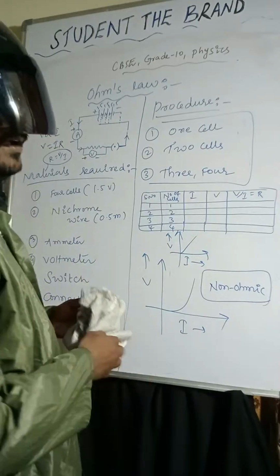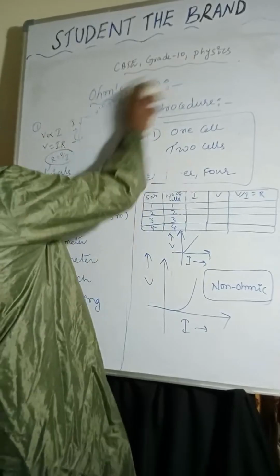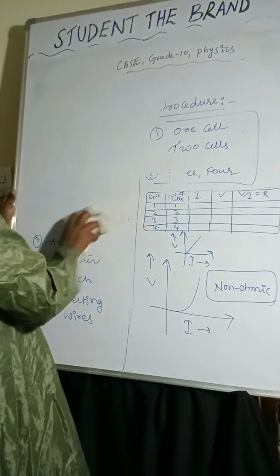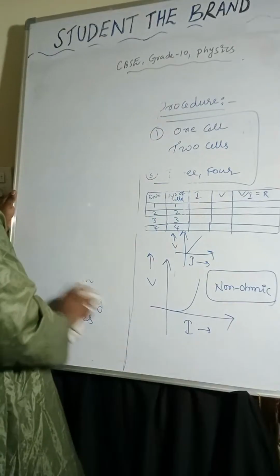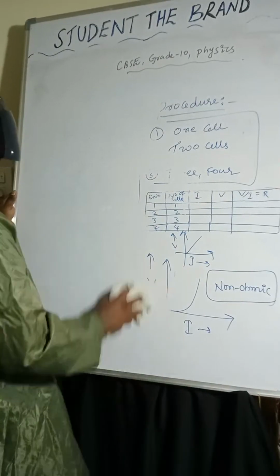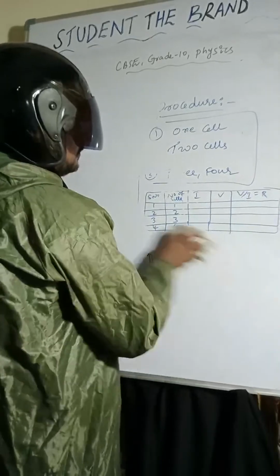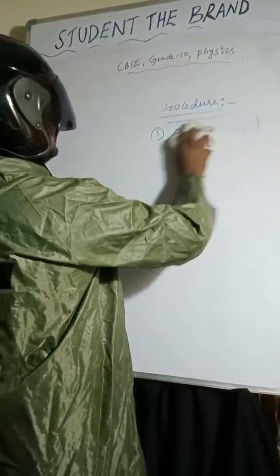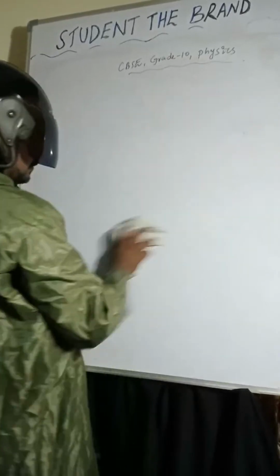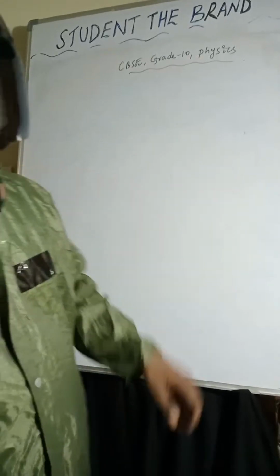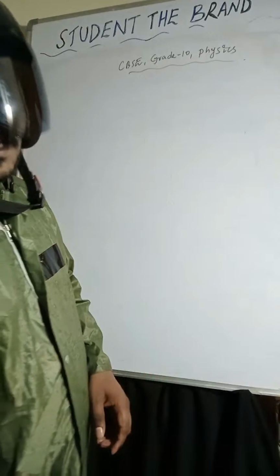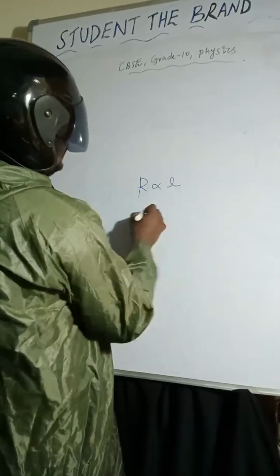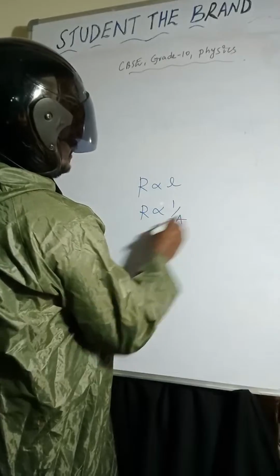So the factors on which resistance depends: R is directly proportional to the length of the conductor, R is inversely proportional to the area of cross section.